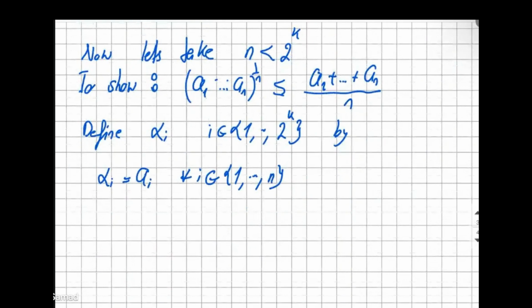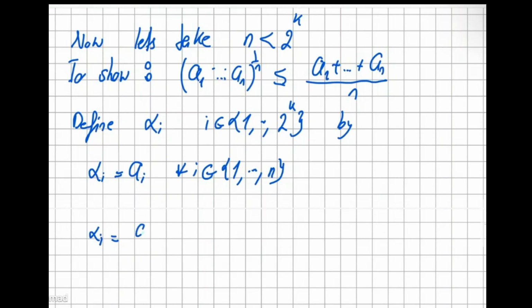And for all the other i's, we define the average of these ai's. This is a1 summed up to an, divided by n, for all i in n plus 1 till 2 to the power of k.